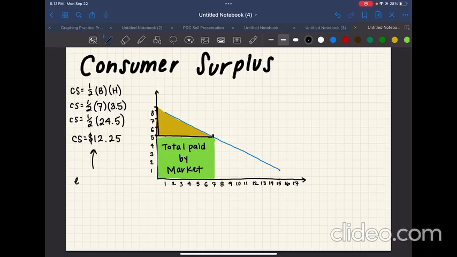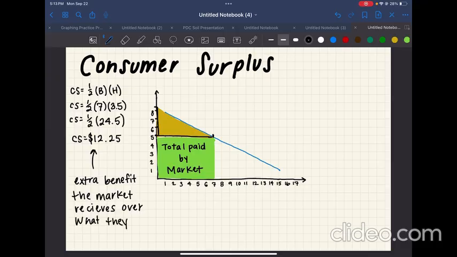That is the extra benefit the market receives over what they pay for. It's the consumer surplus. That's our definition.